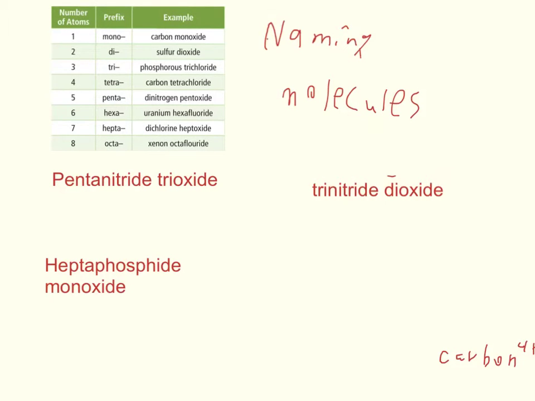So now on to molecules. You have to memorize the prefixes in this chart. So pentanitride is nitride plus 5 atoms, so it'd be N5. The penta part of it is 5.